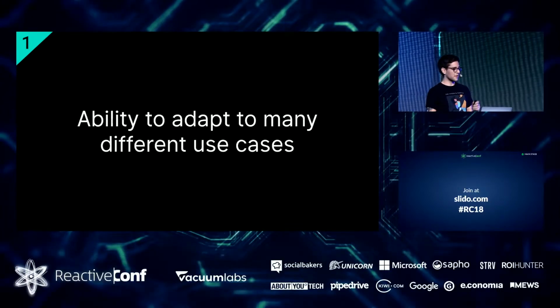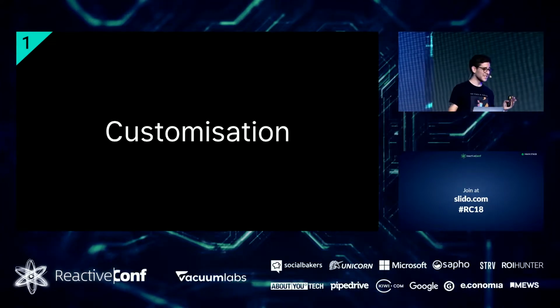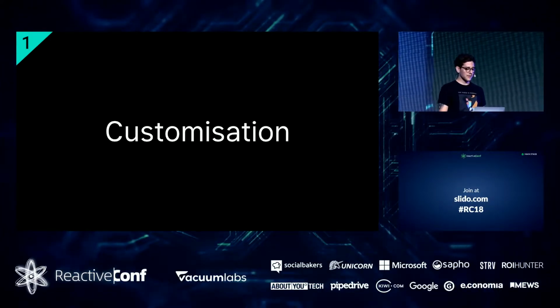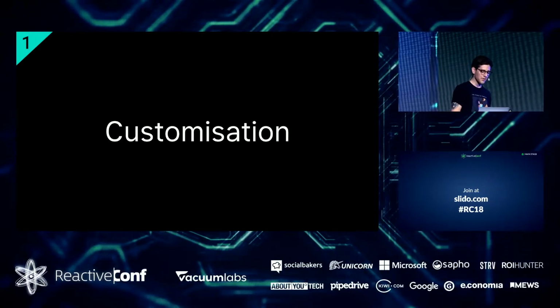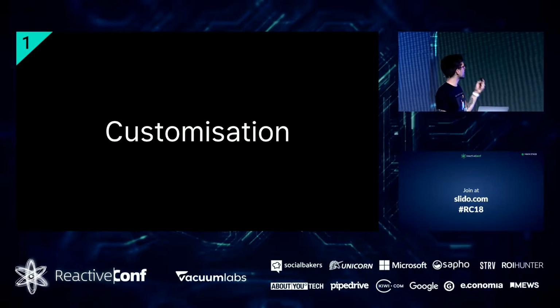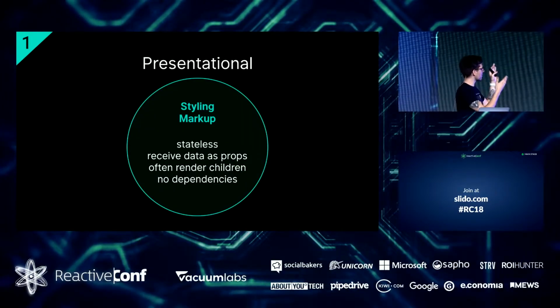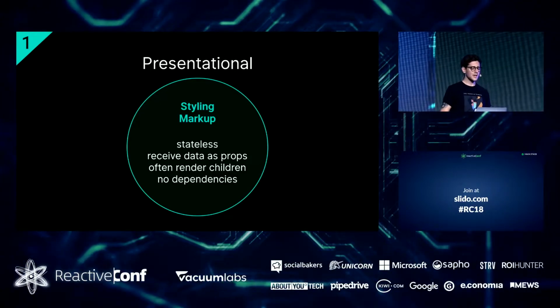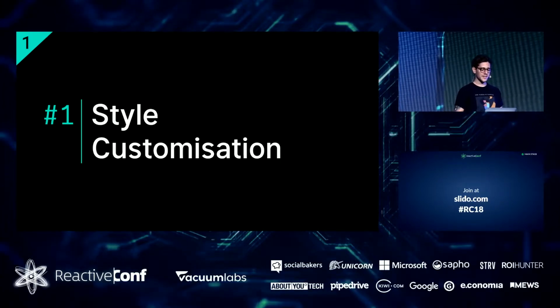And the way we can achieve this is by making our component customizable. So now we have to think about what can actually be customized for presentational components. And if we look at this definition for the presentational components again, we can see that it turns out to be the styling and this markup part. So our first goal is to accomplish style customization.